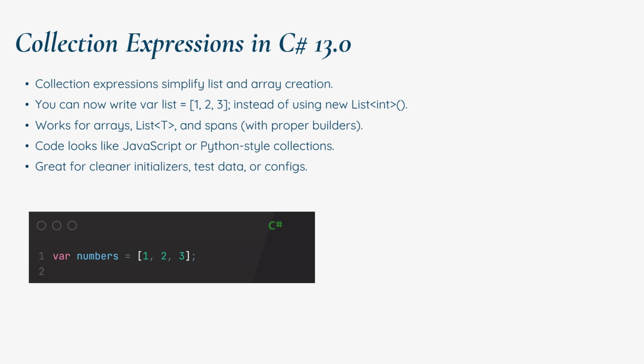While this worked fine, it wasn't very clean, especially if you had to write a lot of these lines across your project. And it feels more natural, especially for developers coming from other languages like JavaScript or Python, where this kind of syntax is very common.